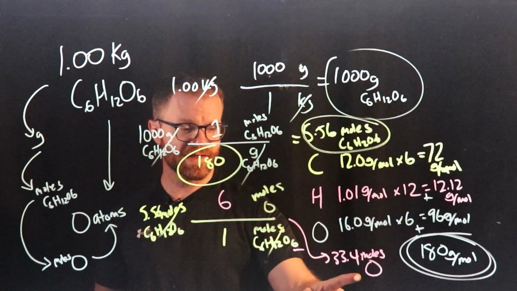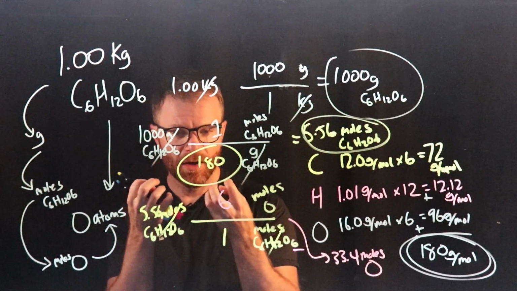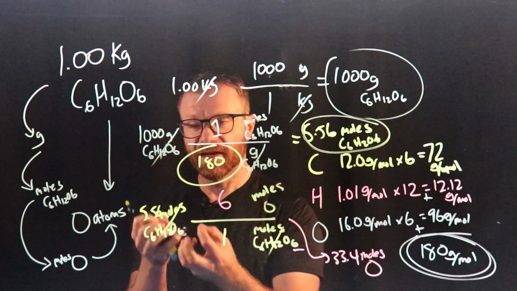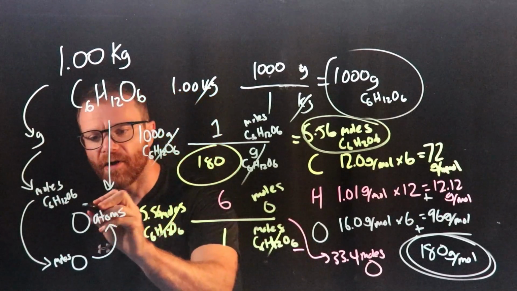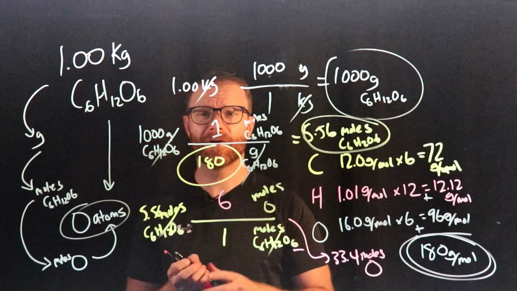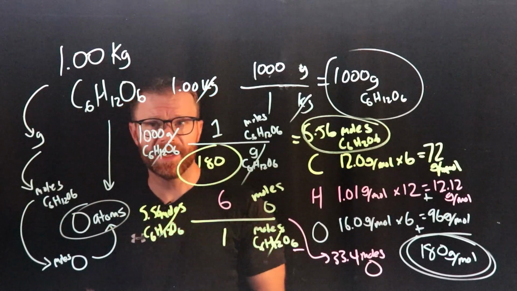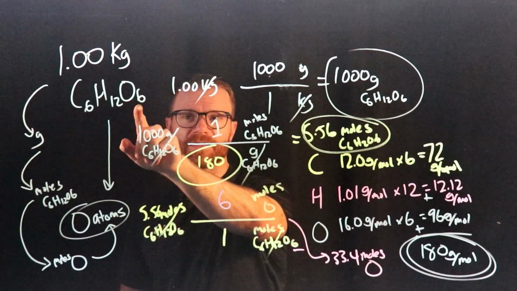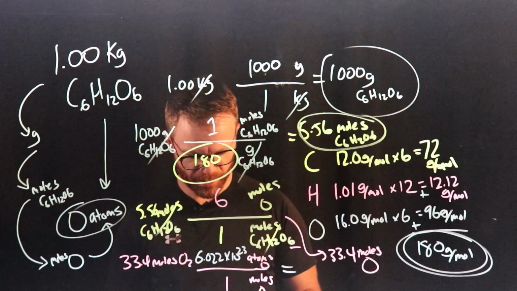Again, this number is 6 times bigger than that because we're looking at the number of moles of oxygen, not moles of glucose, because we're trying to get the number of oxygen atoms, not the number of overall glucose molecules, but the number of individual oxygen atoms, and there's 6 oxygen atoms to every 1 glucose. So to get our final answer, we just need to multiply 33.4 times Avogadro's number.